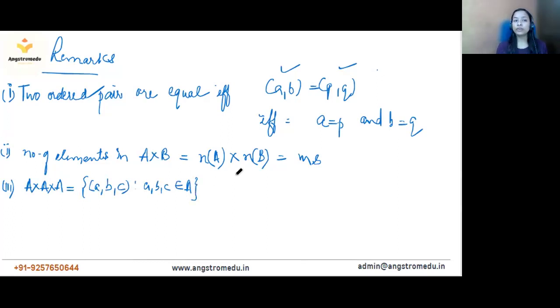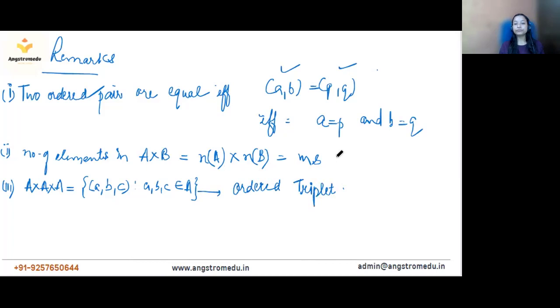The only point is they should be non-empty sets. This is known as an ordered triplet.